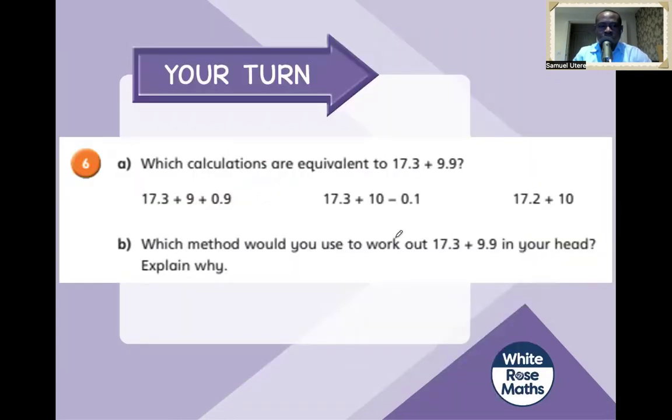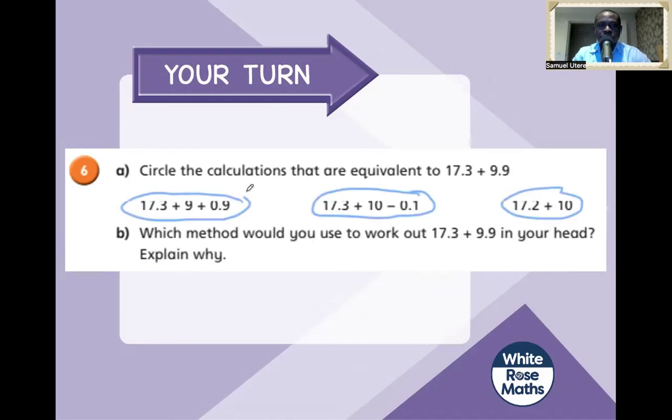Pause the video and answer question 6 in 2 minutes. Assuming you have paused the video and you've answered the questions, here are the answers. Let's discuss them. So you were asked to circle calculations that are equivalent to this. They are all equivalent because here, look, this has been partitioned.